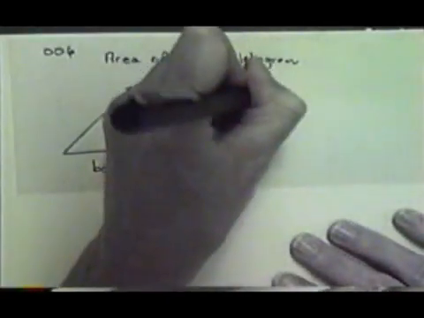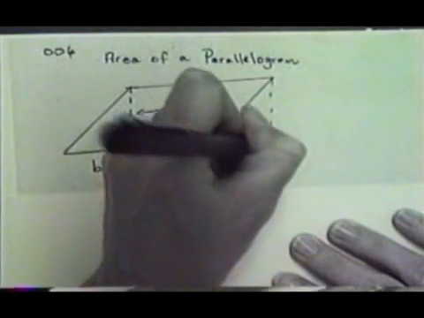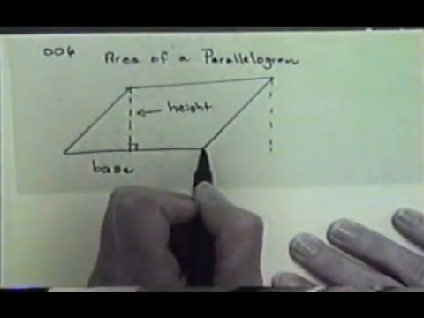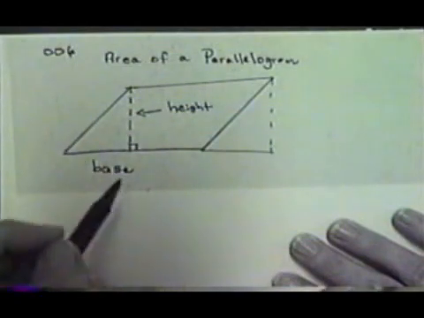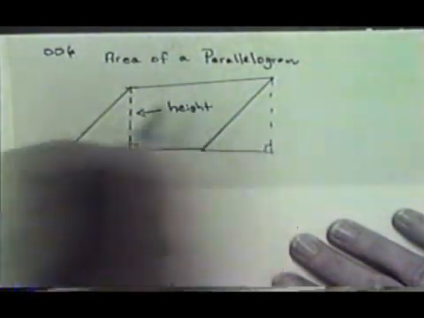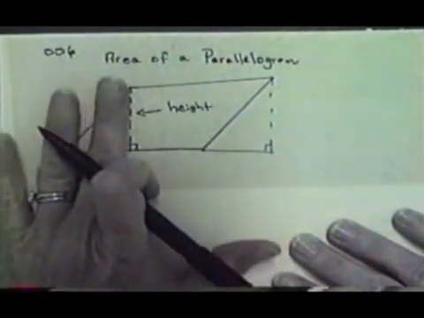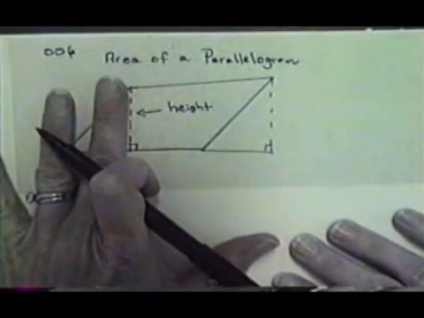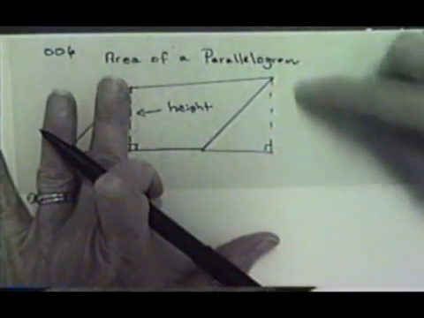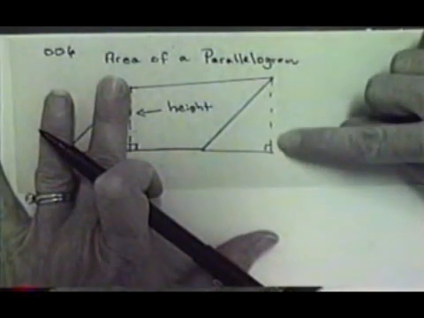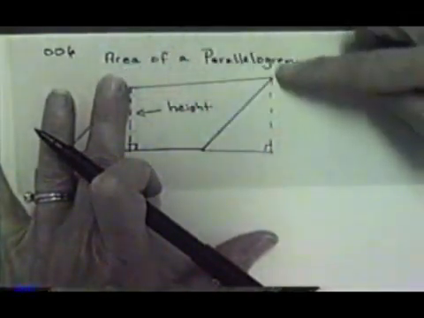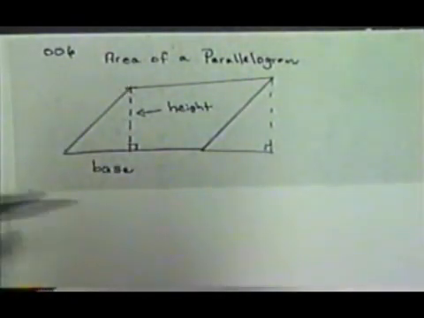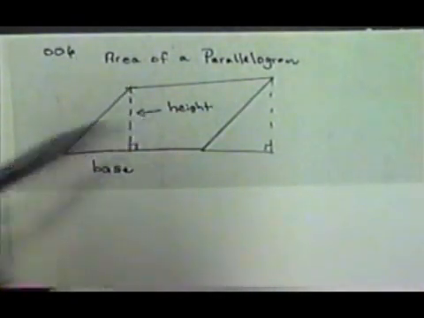If we took that height over here and picked this little triangle up and turned it around and sat it over here and covered that up, we would have made our figure into a rectangle. And then this would be like our width, and this would be our length, and we'd say length times width, which is going to be the same thing as the base times the height.